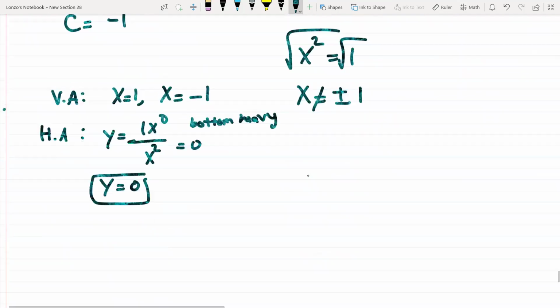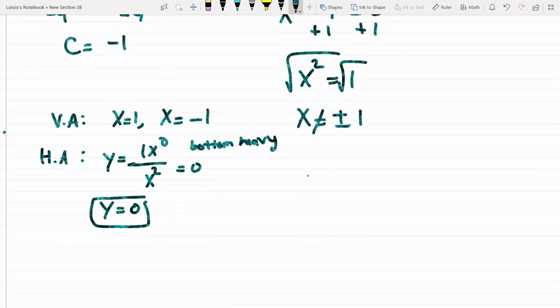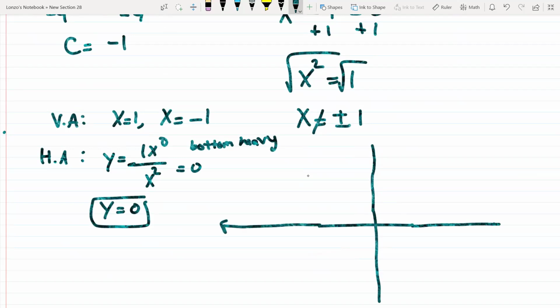Okay, now you can start graphing because you have your vertical and horizontal asymptotes.